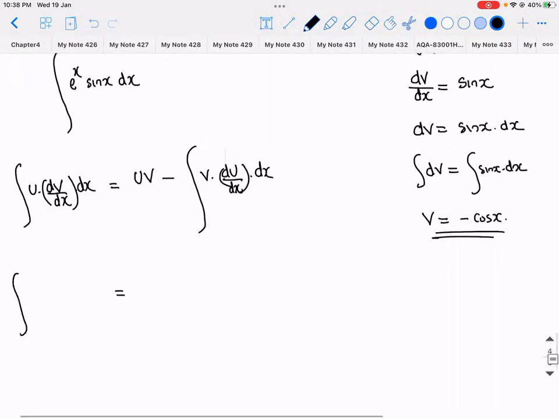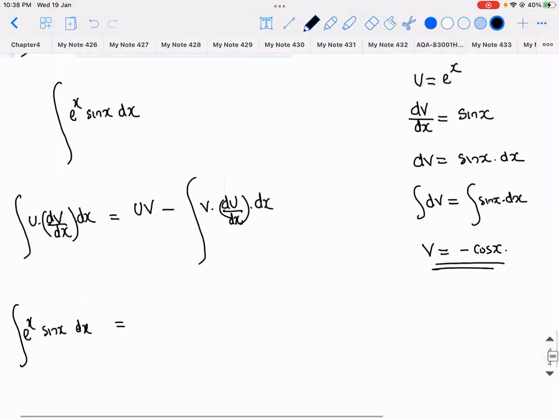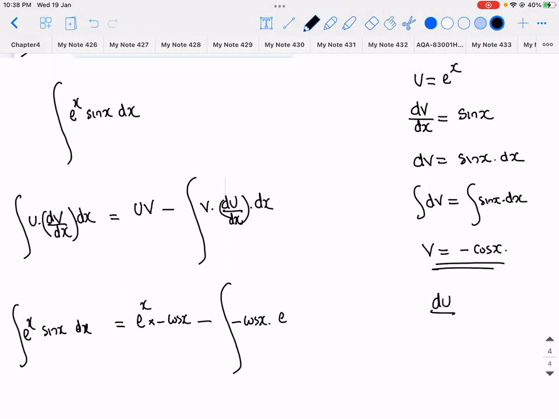So integral of e raised to x sin x dx, we can write it as u times v, that is e raised to x multiplied with minus cos x, minus integral of minus cos x times, what is du over dx? That is still e raised to x, into e raised to x dx.